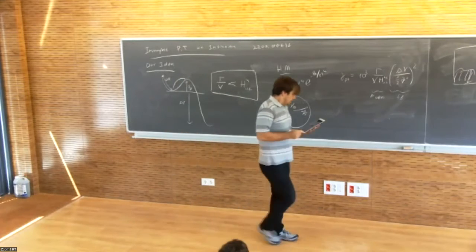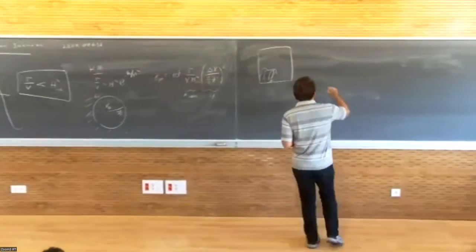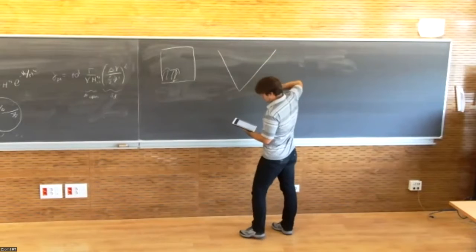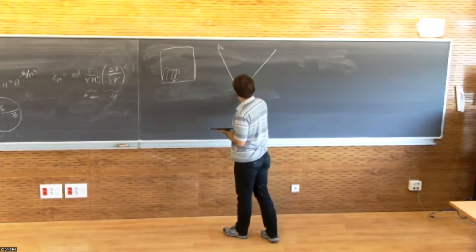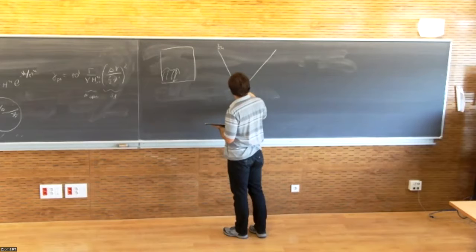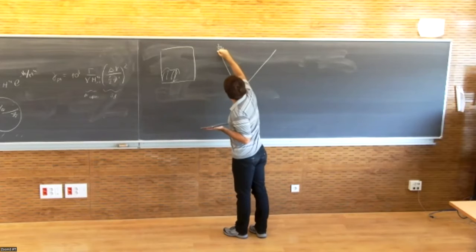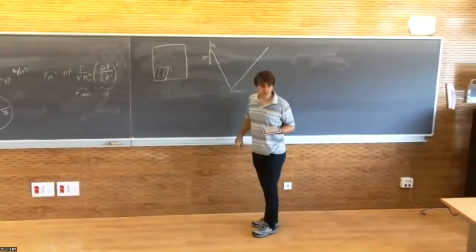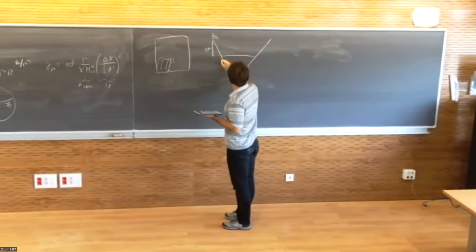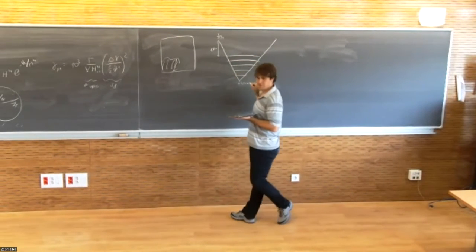So here's the Hubble sphere, this is 1 over AH. This is reheating, and we know we have some delta n. Here's delta n. We start at this point, and we produce modes throughout inflation.